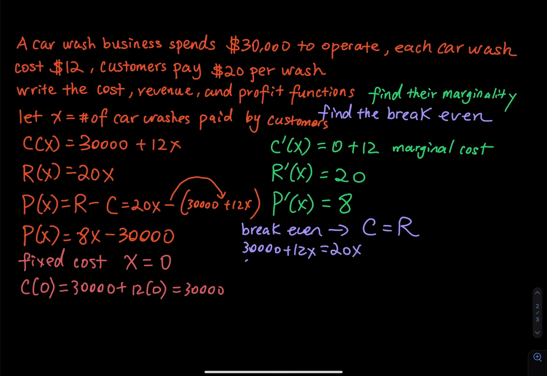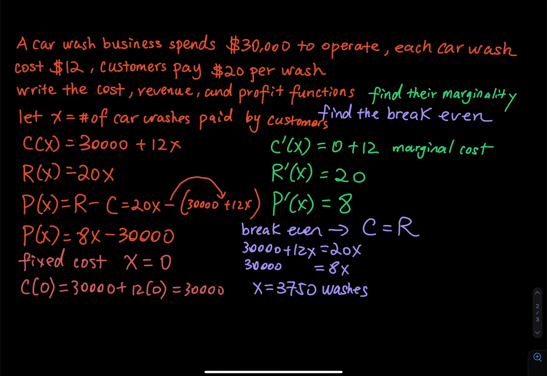This is very easy. So 30,000 equals 20 minus 12, that is 8x. You take 30,000 divided by 8. So x equals 3750. This is the number of washes you have to sell to break even.